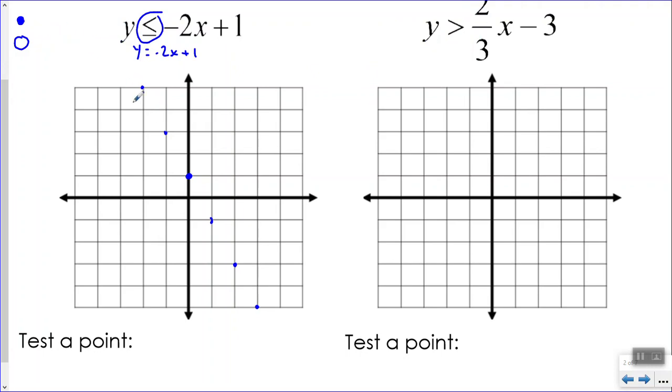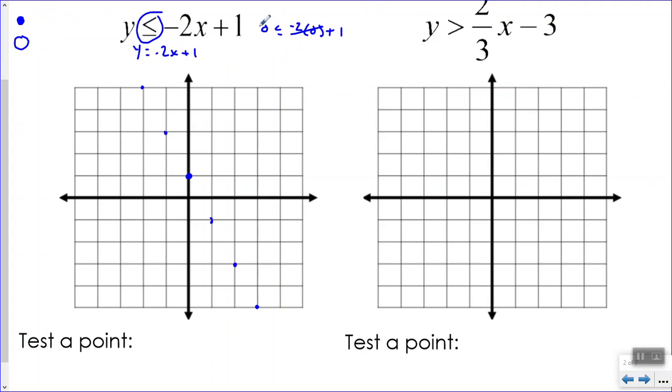When we graph on the coordinate plane, this is going to tell us what type of line to use. So if we have the or equal to, it means the points along that boundary line are included in our solution set, because if we look at the point 0, 1, 1 is less than or equal to negative 2 times 0 plus 1, that point would work. Whereas if we didn't have that or equal to, we wouldn't be able to include those points in our solution set.